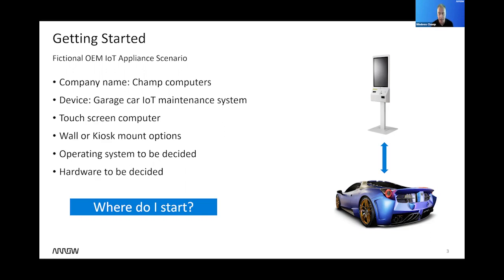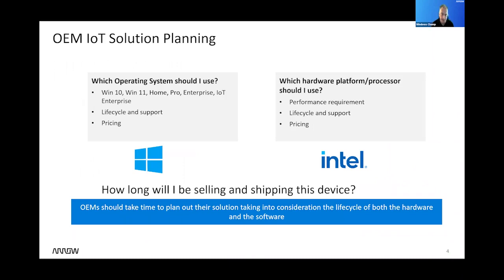Now, this program supports all kinds of appliances, which we'll talk about, but for this scenario, they want to sell to customers an appliance to put into their garages that could track car maintenance. And they want to know, where do I start? What do I do? What's the plan? So let's jump into that and see how it goes through the steps.